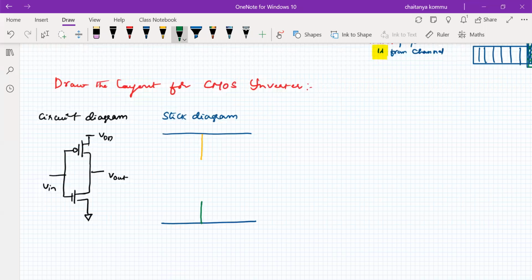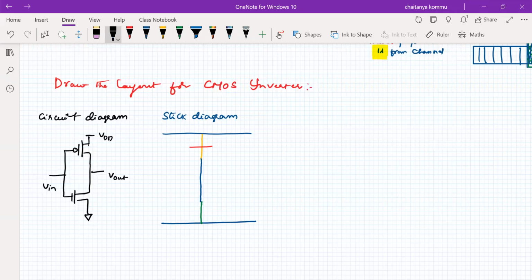Use polysilicon, and use the metal to connect between these two. Okay, so better I have to consider this way. So it should be a straight line.